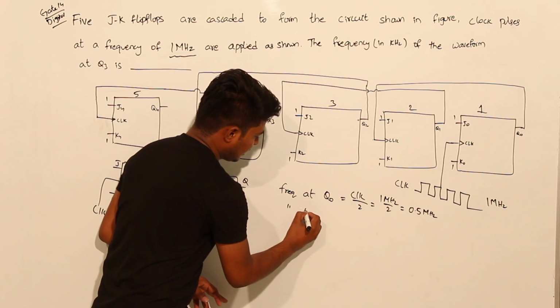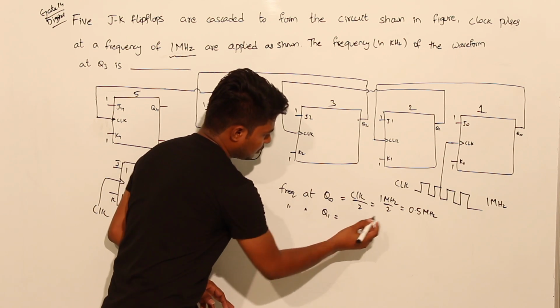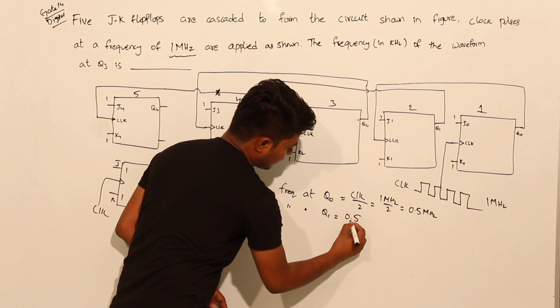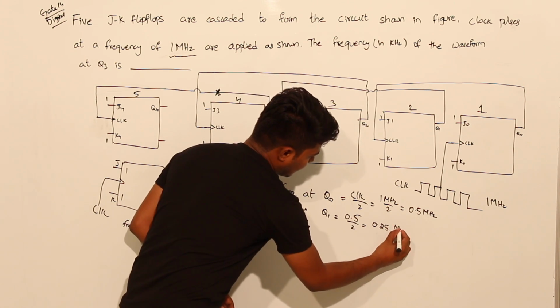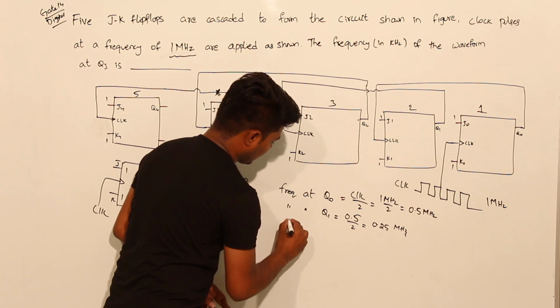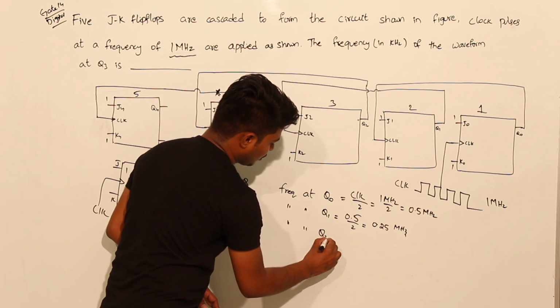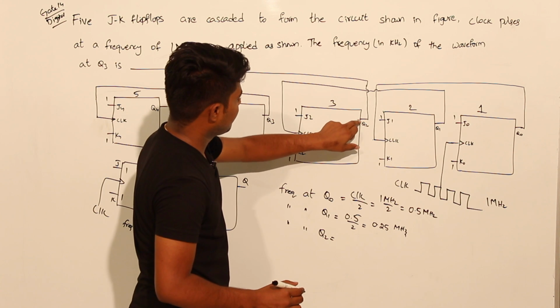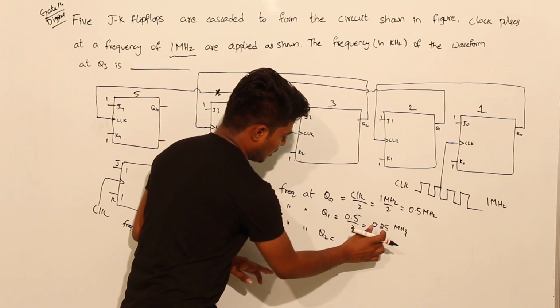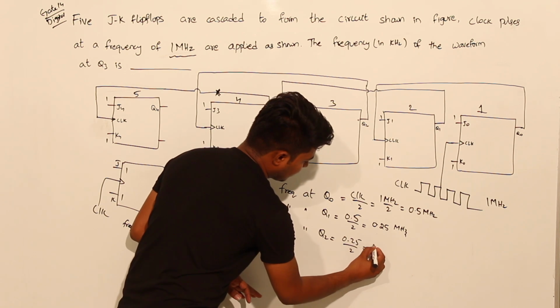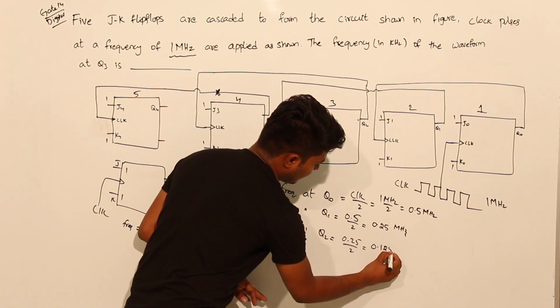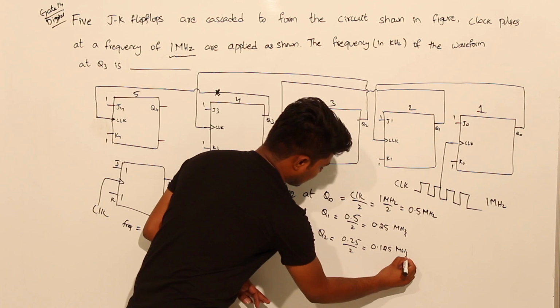Now frequency at Q1 is equal to 0.5 divided by 2, 0.25 MHz. Now frequency at Q2, where is Q2 here? Frequency at Q2 is half of this, 0.25 by 2, that equals 0.125 MHz.